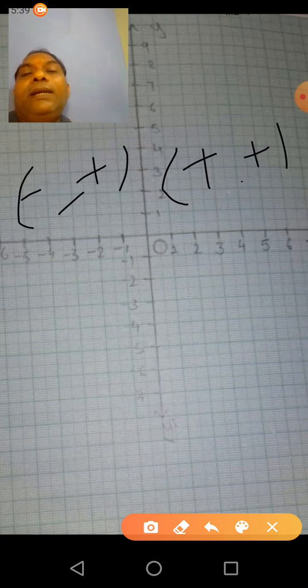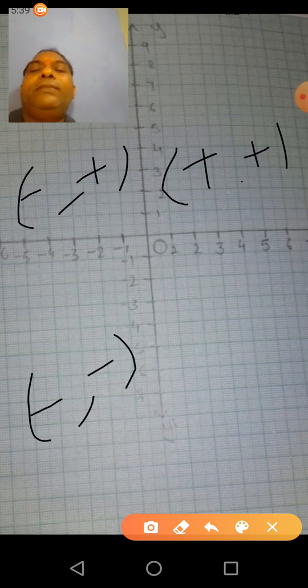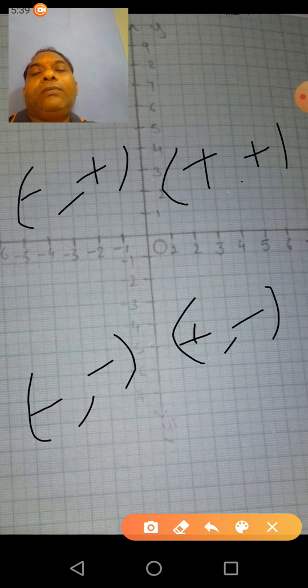In third quadrant, x coordinate will be negative and y coordinate will be negative. Clear? In fourth quadrant, x coordinate will be positive and y coordinate will be negative. Clear?